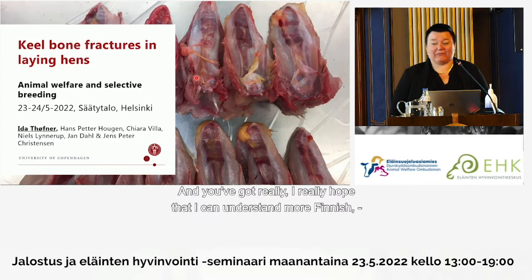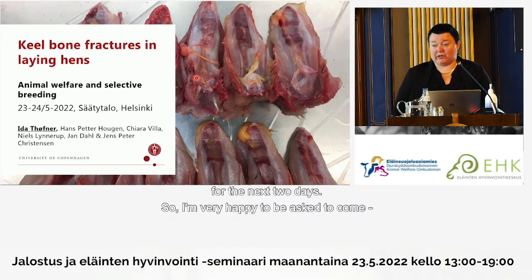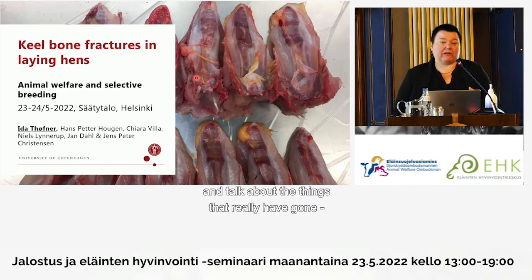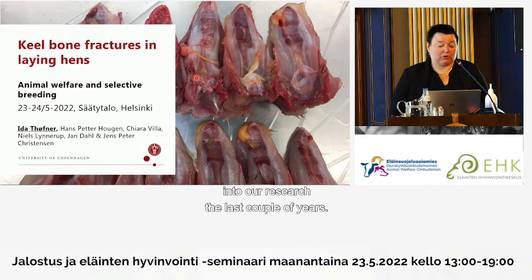I really hope that I can understand more Finnish, because you've got a really interesting program for the next 2 days. So I'm very happy to be asked to come and talk about the things that have gone into our research the last couple of years.